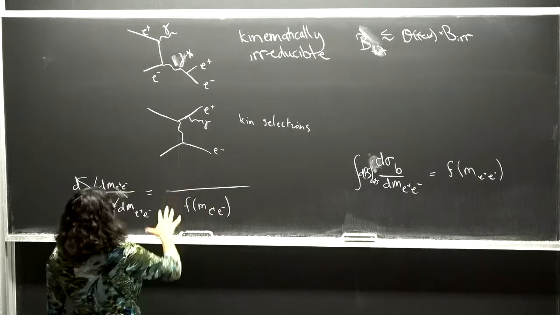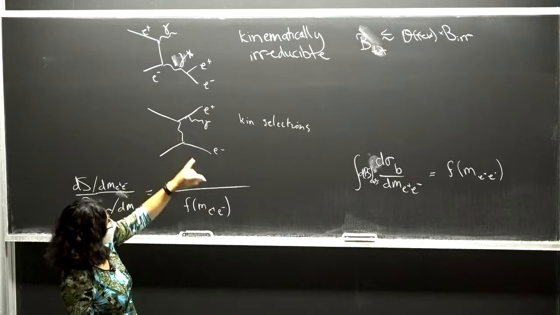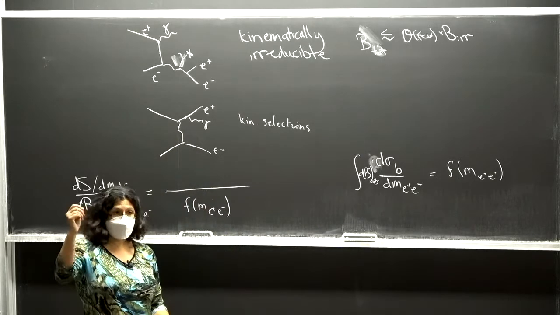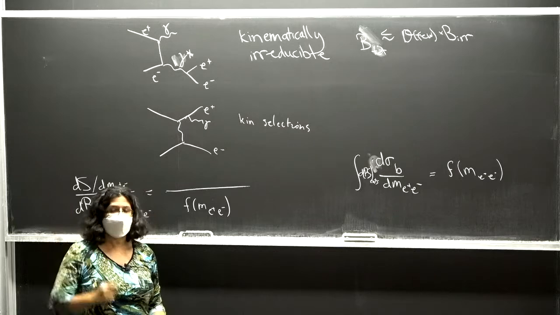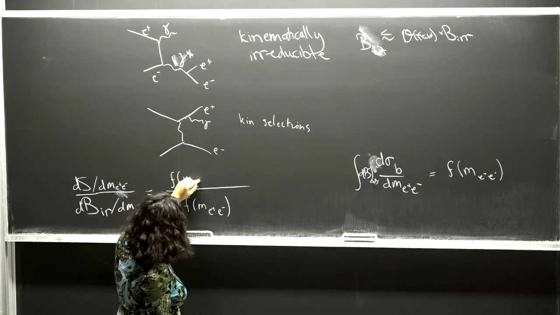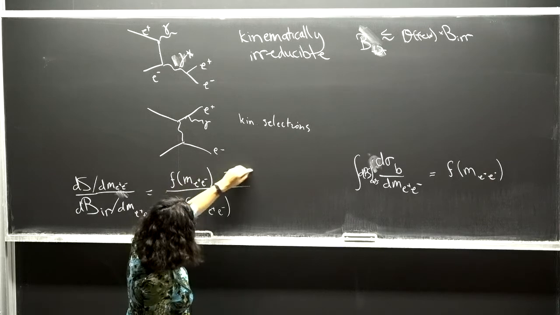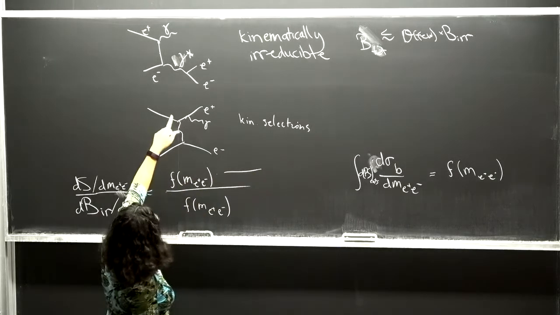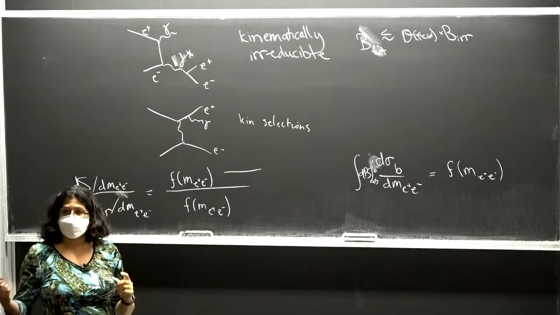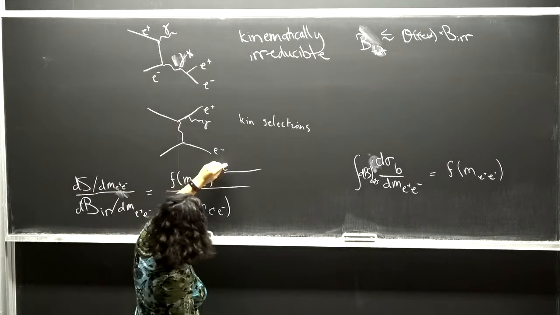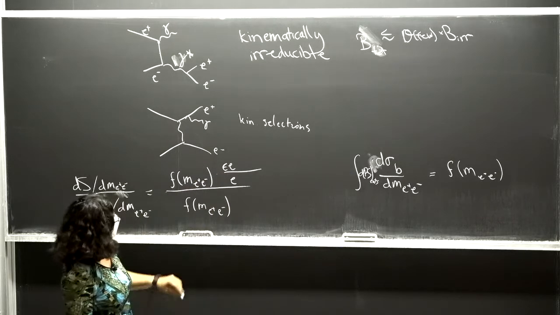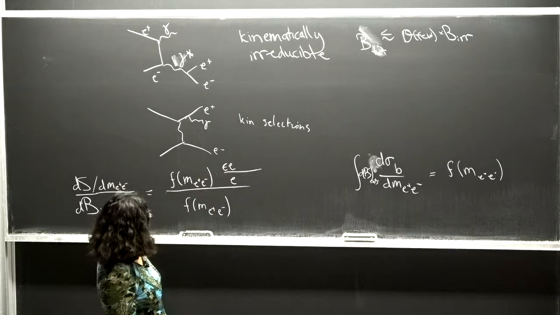My numerator can be obtained from this differentially by just replacing a virtual photon propagator with a dark photon propagator. So that means it's, again, f of m(e+e-) times, oh, and I also have to replace a photon coupling with a dark photon coupling. So I'm going to have a coupling epsilon e rather than the photon coupling e in the amplitude.